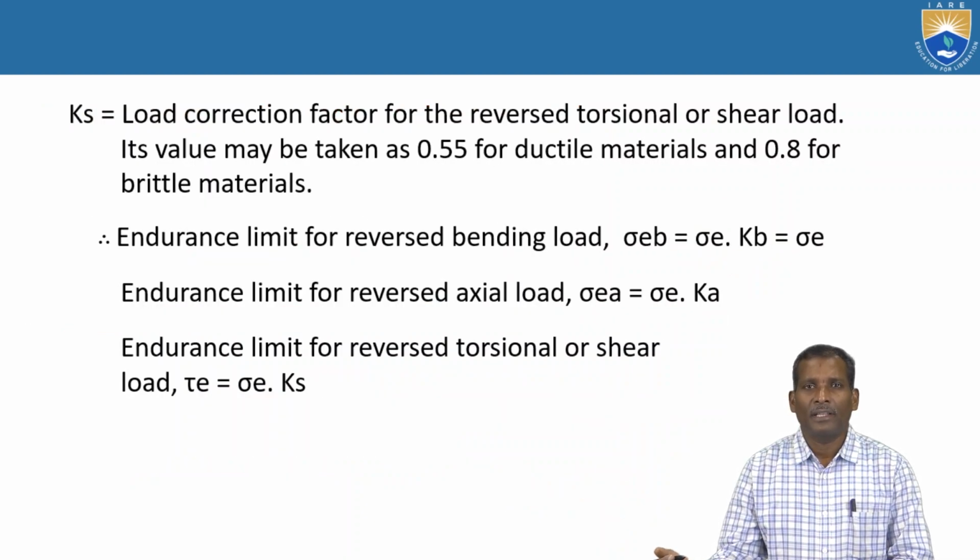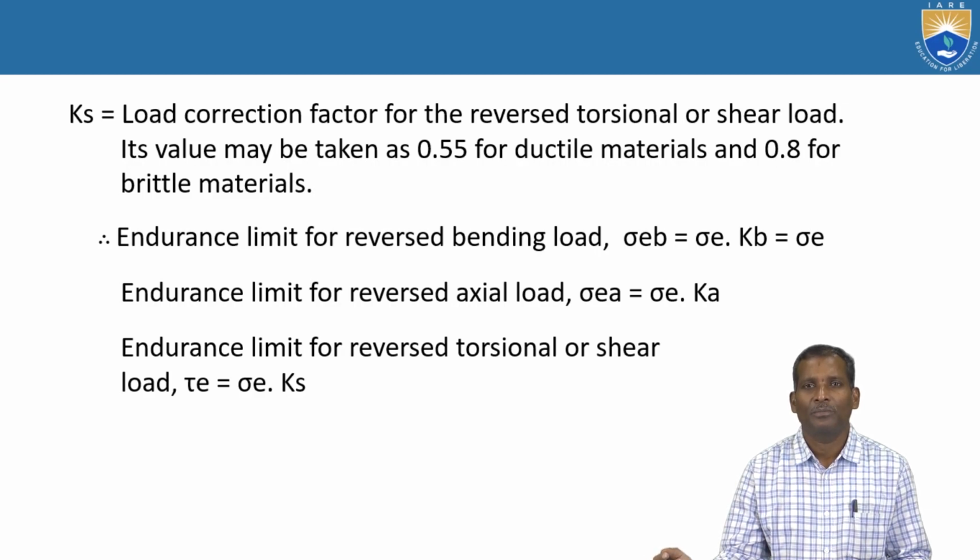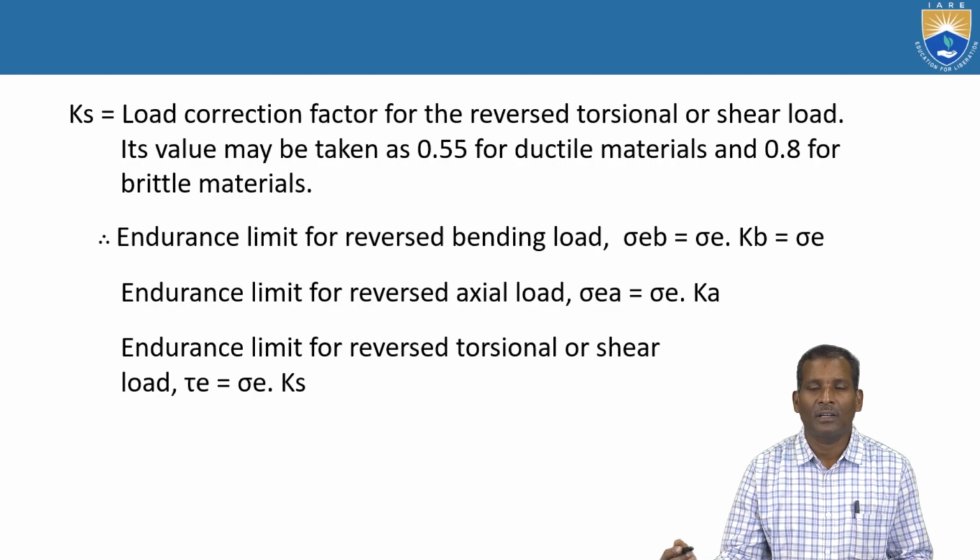The other loading factor is the shear loading factor, the load correction factor for the reversed torsional or shear load. Whenever the mechanical component is subjected to shear load, you should take the shear loading correction factor for calculating the endurance limit. This value, Ks or Kb or Ka, you should multiply with sigma E. Then only you will get the endurance limit for the particular material.